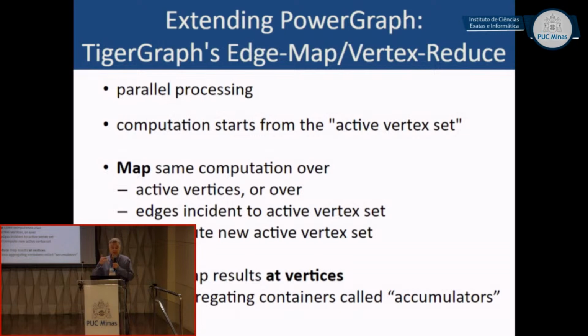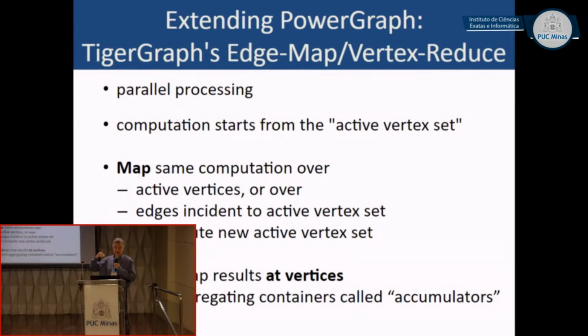The computation starts from an active vertex set, and it can consist in maps of 2 kinds. You can either map the same function over all the vertices that are active, or the same function over all the edges that are incident on the active vertices. And at the end of this, you're going to compute the next active vertex set.